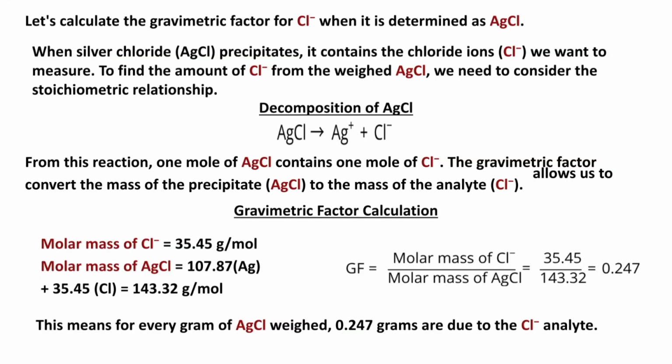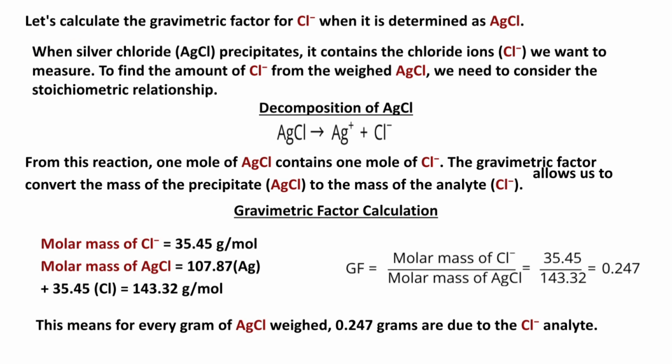I added an example where silver chloride, that is AgCl, precipitates, where it contains Cl minus and Ag plus. So the AgCl decomposes into Ag plus and Cl minus. We are going to find out the gravimetric factor here. The molar mass of Cl minus is 35.45. The molar mass of AgCl is 107.87.